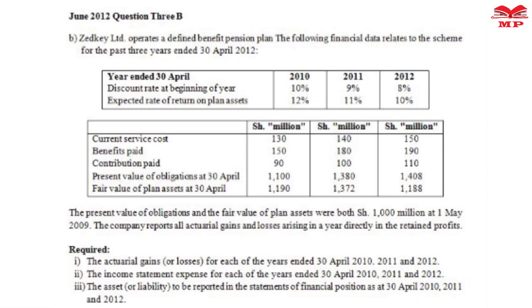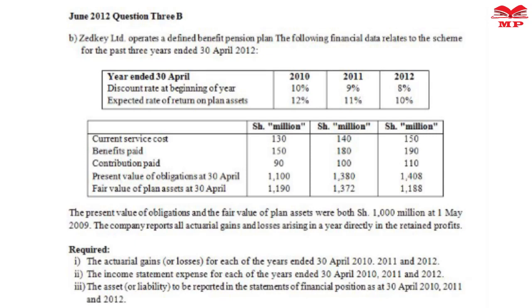The present value of obligations and the fair value of plan assets were both 1,000 million shillings at 1st May 2009.